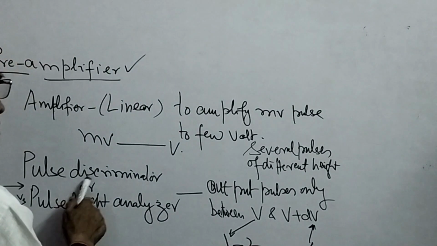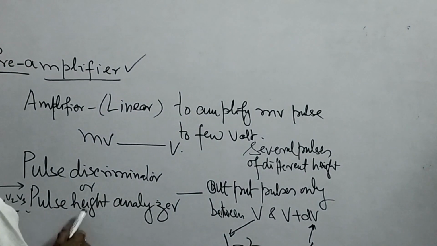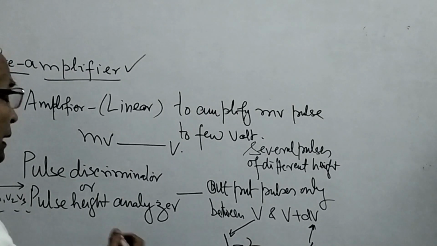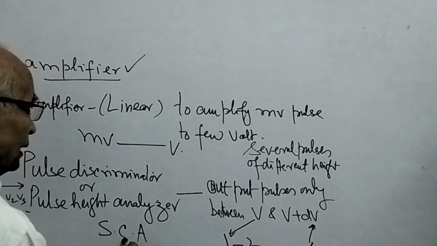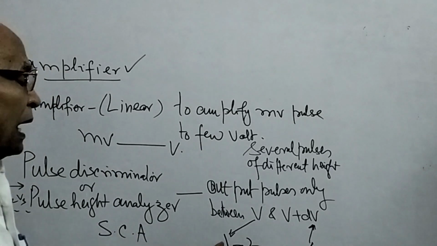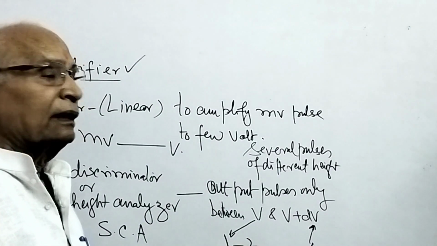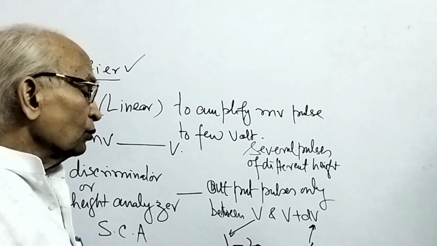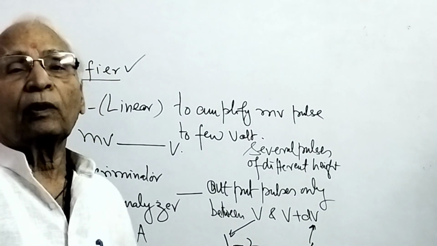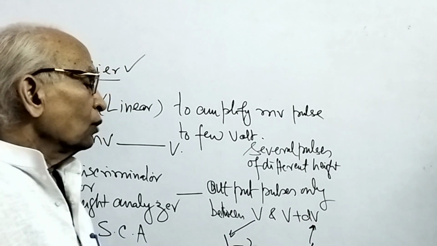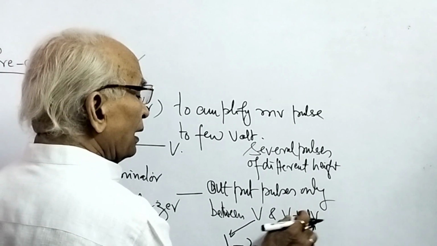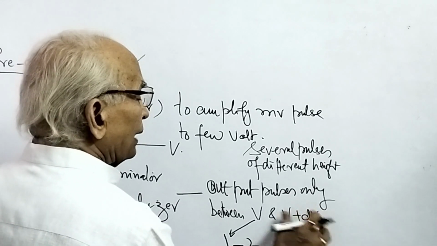So this pulse discriminator or pulse height analyzer, or single channel analyzer (SCA), at one time counts pulses of one particular height with some variation, 1 to 2, or 1 to 1.1, or 1 to 1.2, whatever width you decide. So a pulse having width dV and initial value V can be counted.